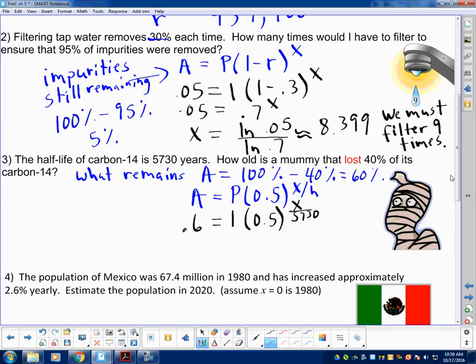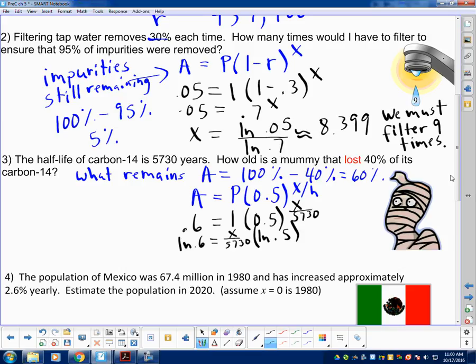We would take ln of each side, so ln of 0.6 equals, bring the power down, x over 5730 times ln of 0.5. So when I take ln of each side, it brings that down in front. And then I think we can take care of solving for x with these next two steps, all in one step.